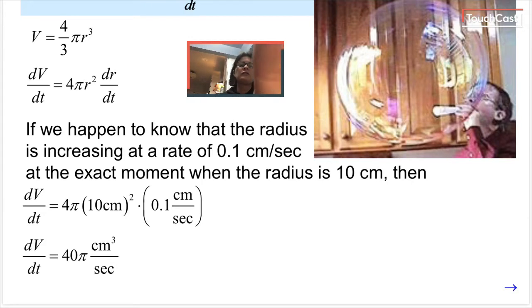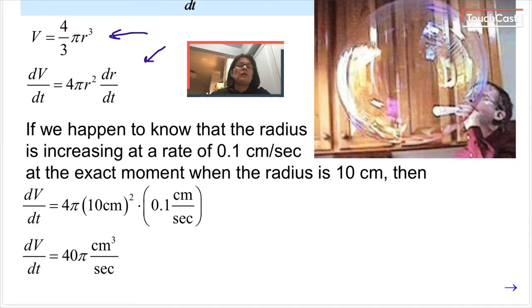So here's the formula for the volume of a sphere. I've differentiated with respect to time to get an expression for the rate at which the volume changes with respect to time, dV/dt. And I'm going to try to evaluate that expression using this information that I happen to have handy.